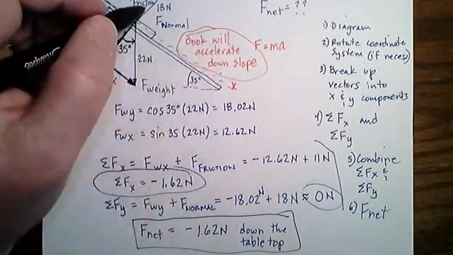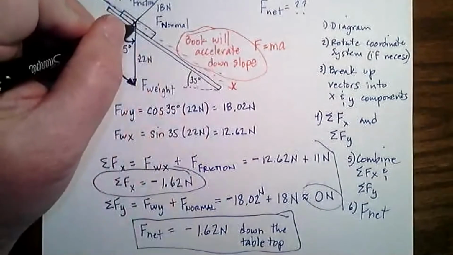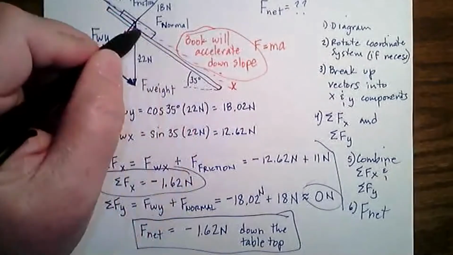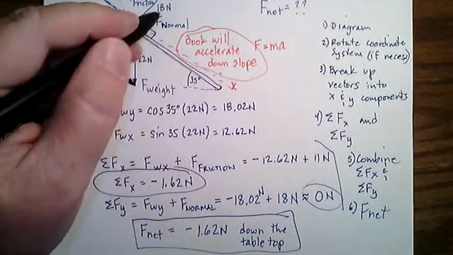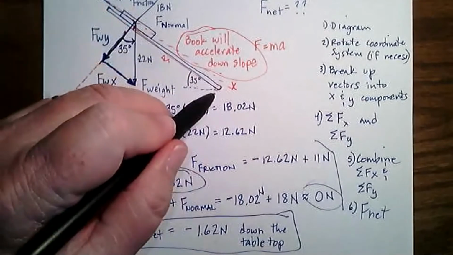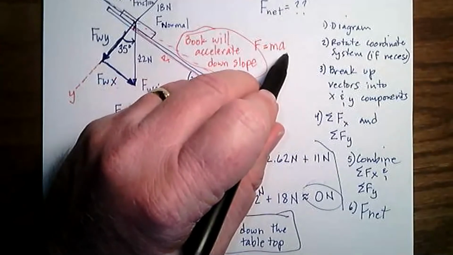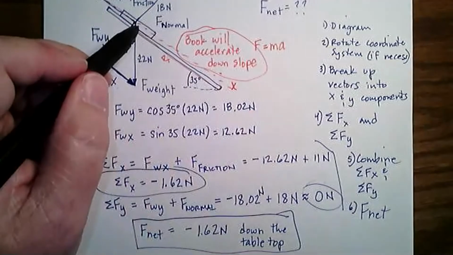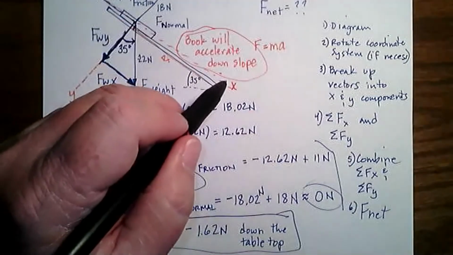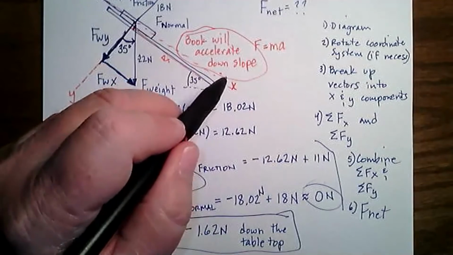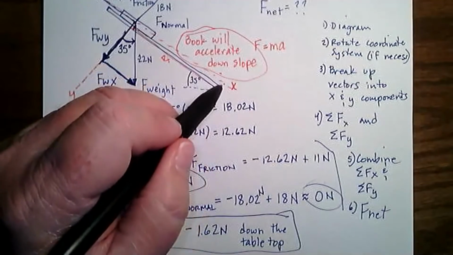If I knew the distance from where it's starting to the end of the table, this distance here, I'd have a delta x. If I knew what delta x was and what a was, I could calculate the change in velocity. I could calculate the velocity that this book was moving at the moment it left the table.